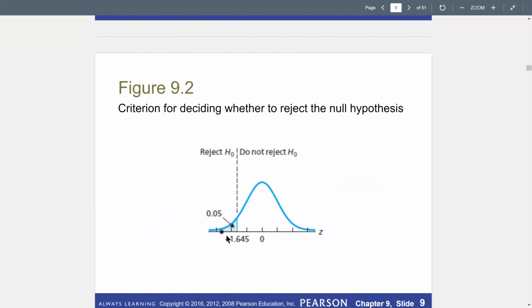Suppose you calculate your sample statistic x bar and then plug in the formula x bar minus mu 0 over sigma over square root n, you get the z, which is the test statistic. If the test statistic falls in this tail region, then we reject the null hypothesis.